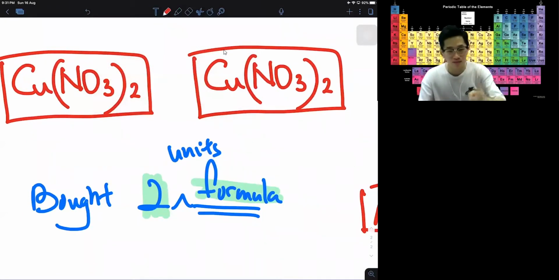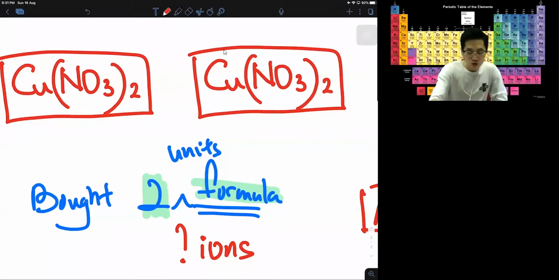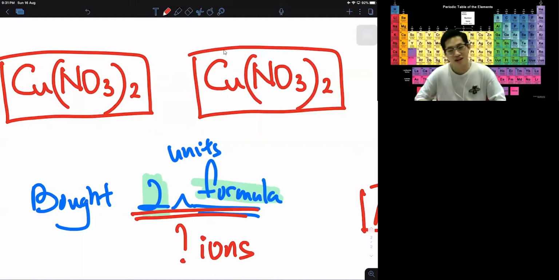Then Mommy asked, two formula units, inside got how many ions? Two formula got how many ions inside?